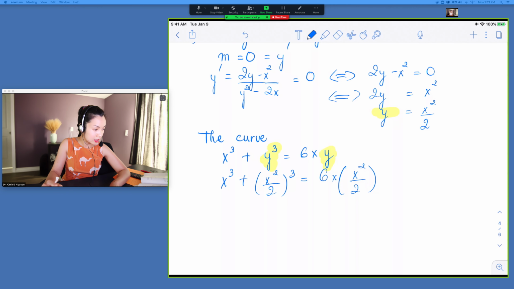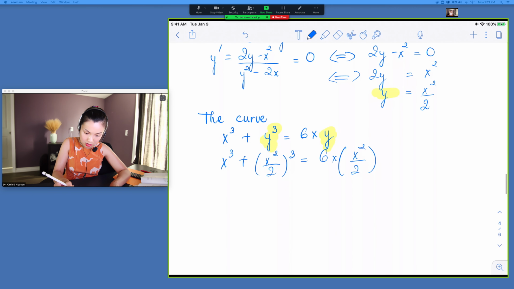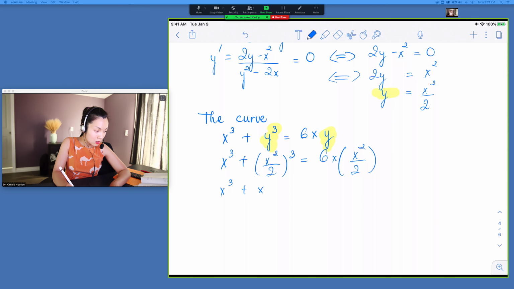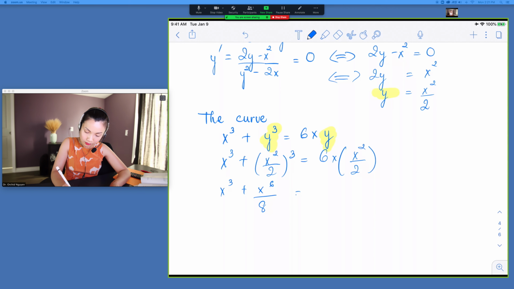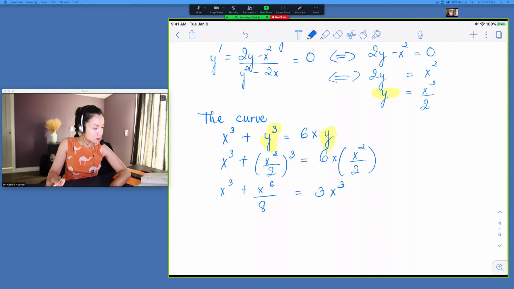Let's simplify it. So we have x cubed plus x to the 6th power over 8 equals 3x cubed.